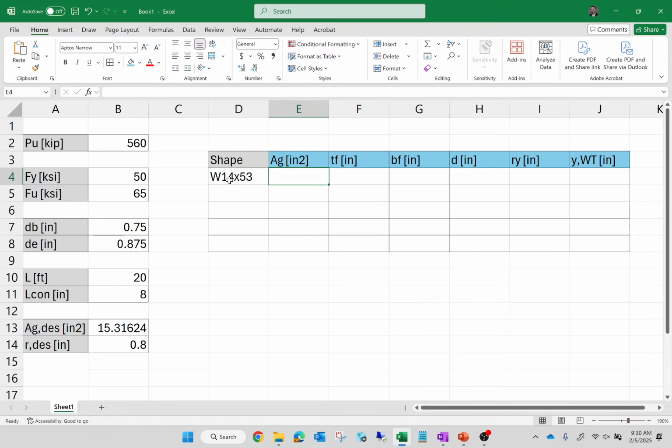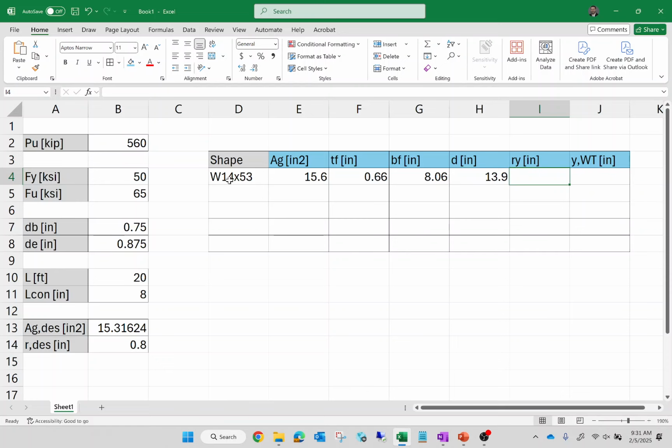Okay, now what is its gross area? 15.6. Okay, what about its flange thickness? Well, let's go ahead and get the inputs first. 0.66. Okay, what about B sub F? 8.6. The depth? 15.9.